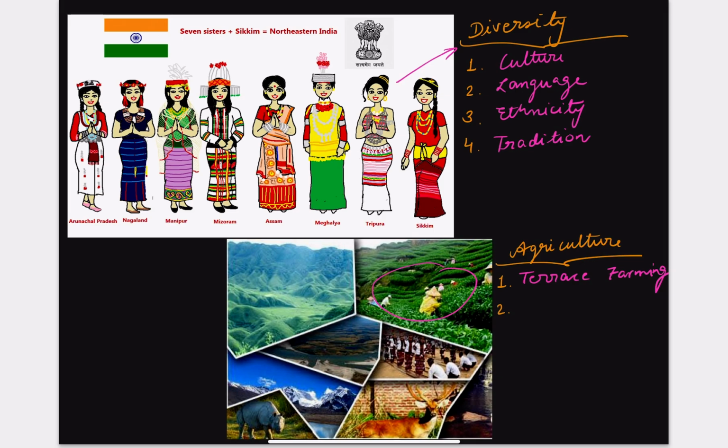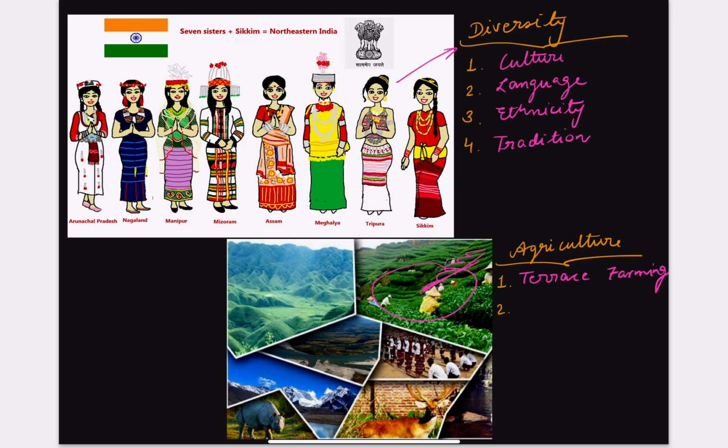You can see that this area seems hilly. So in terrace farming there is this one step, then this is second, then third, then fourth, then fifth. It's like steps. So this is terrace farming, one terrace over another.